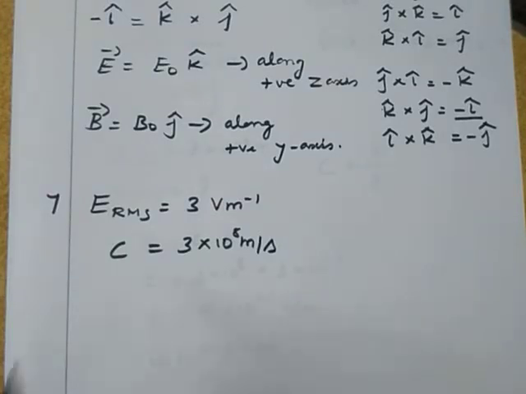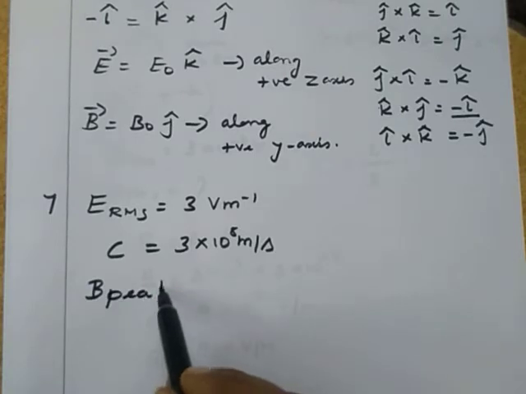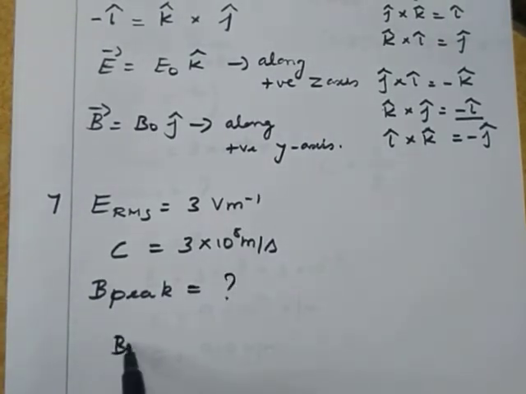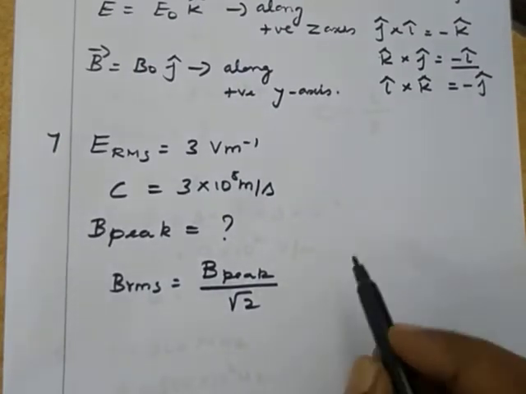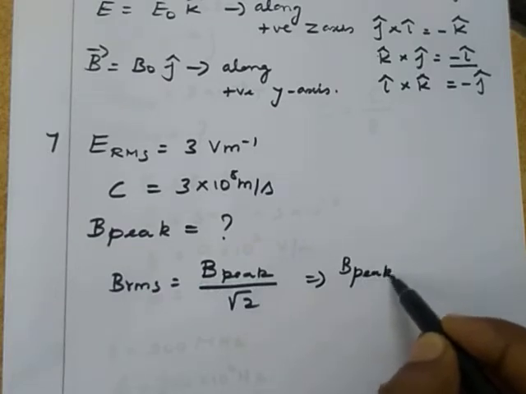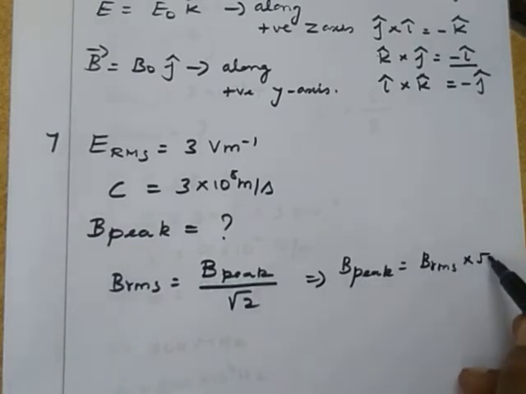They are asking the peak value of the magnetic field, not the RMS value. We know B RMS is equal to B peak by root 2. After rearranging, B peak is equal to B RMS into root 2.